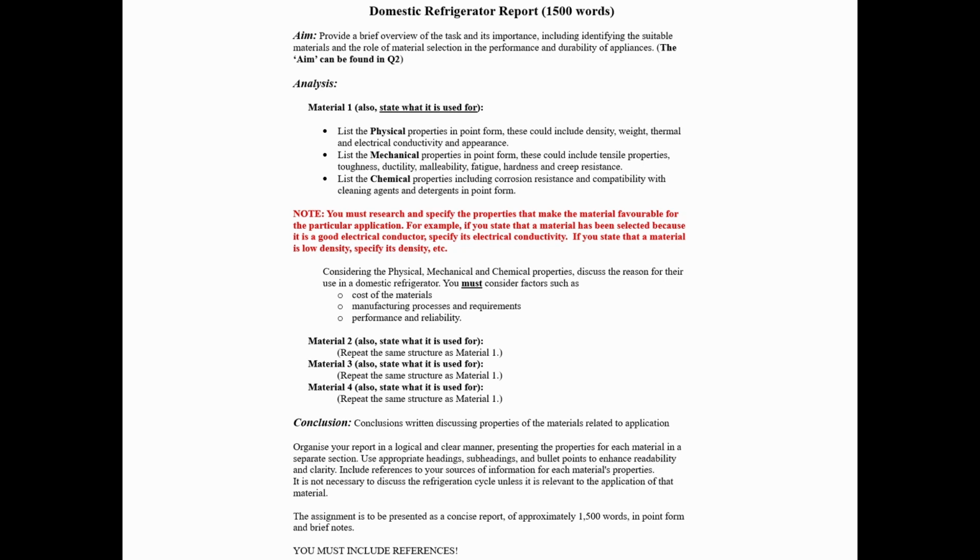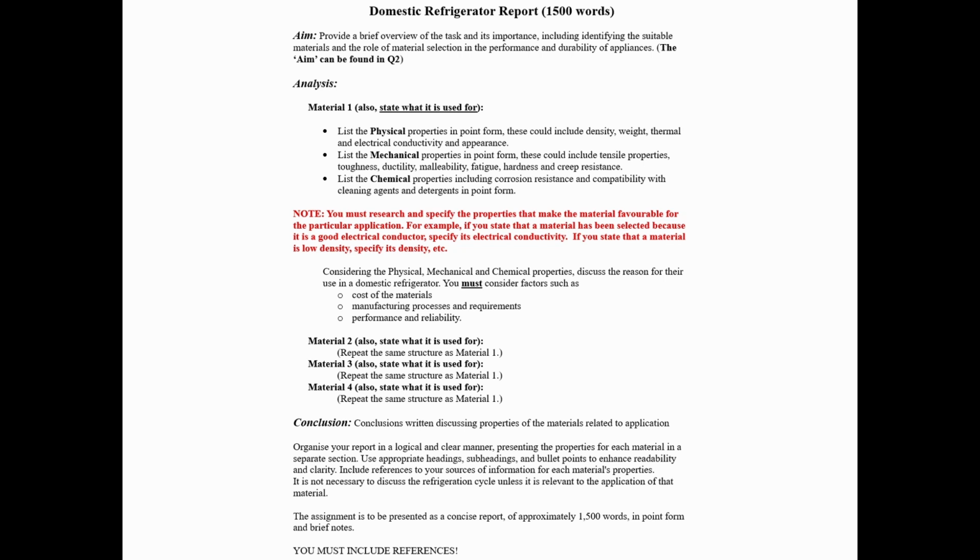Please note that you must research and specify the properties that make the material favorable for the particular application. For example, if you state that the material has been selected because it is a good electrical conductor, specify its electrical conductivity. If you state that the material is low density, specify its density. You can get these properties from MatWeb or other online sources, for instance.